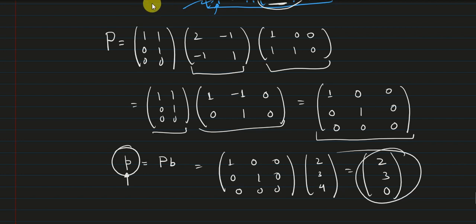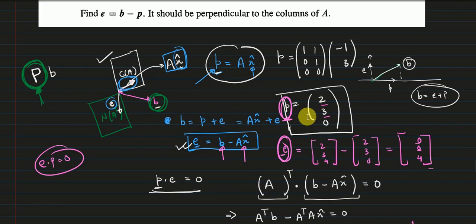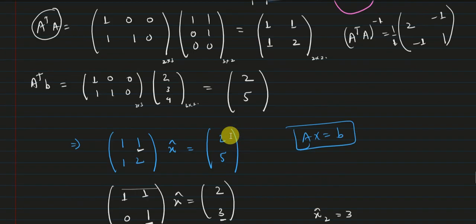Using this projection matrix, you have got the projected component as 2 3 0, and if you see earlier, you had got p as 2 3 0. So that is all about how you can find the component in the column space of the A matrix, and how you can find this projection.